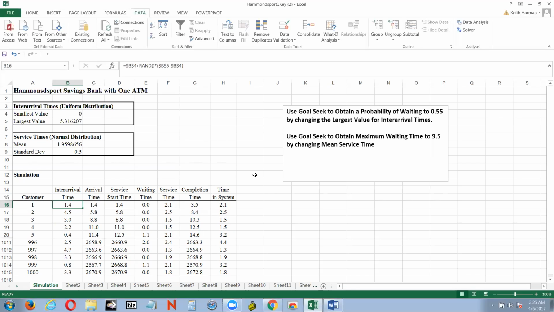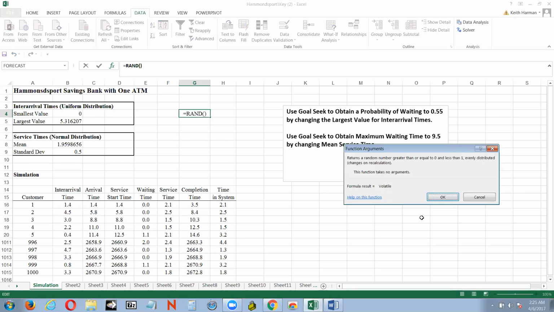Now the interesting thing here is that we just chose the RAND function. I'm going to click in this cell, equal RAND, so we can see the function has no arguments. It returns a random number greater than or equal to 0, and less than 1. Evenly distributed, it changes on calculation.